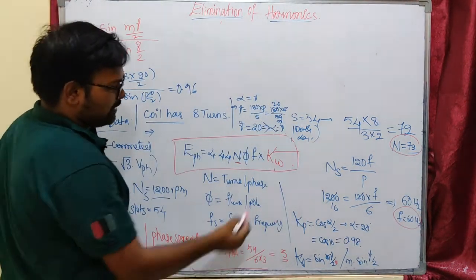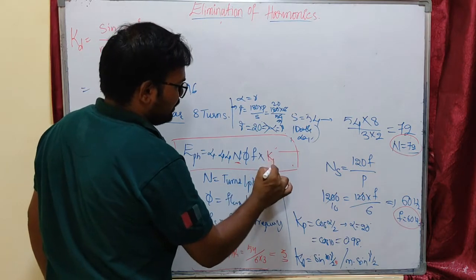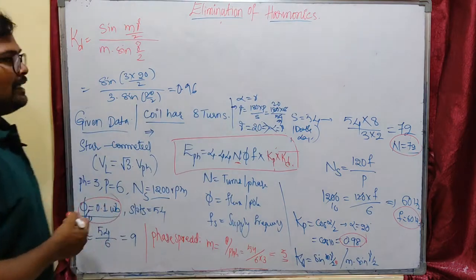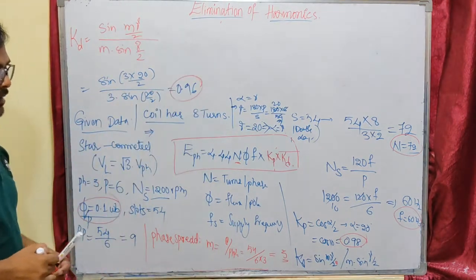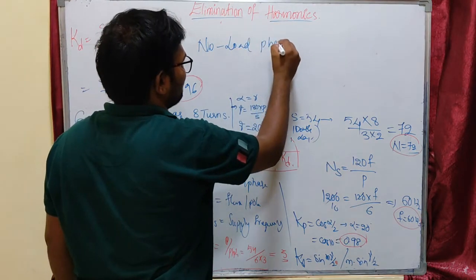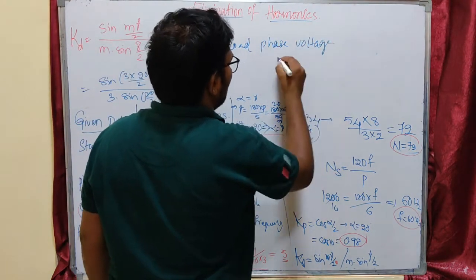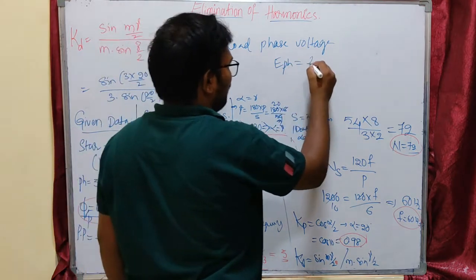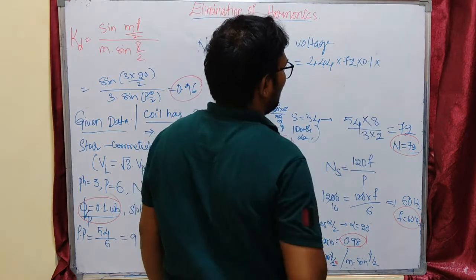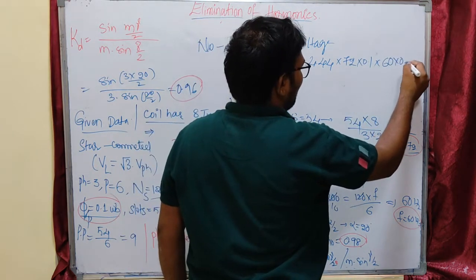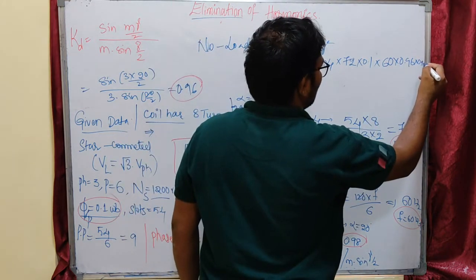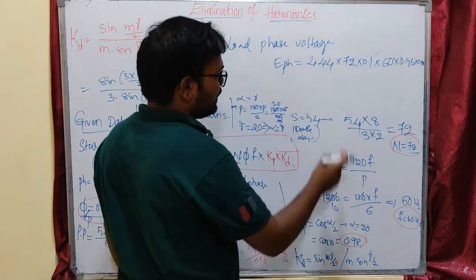Kw is nothing but Kp into Kd, where Kp is 0.98 and Kd is 0.96. Multiplying all these values gives the no load phase voltage: E phase equals 4.44 times n, which is 72, times flux 0.1 Weber per pole, times f, 60 Hz, times Kp 0.98, times Kd 0.96.